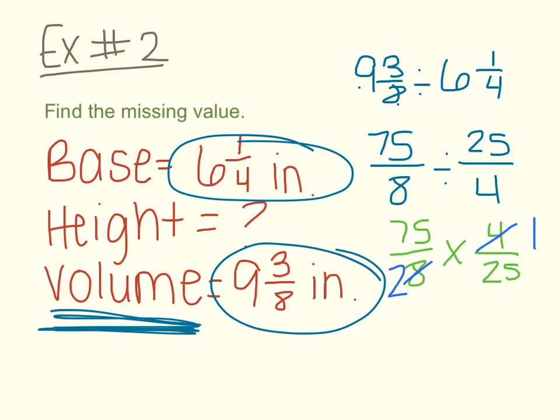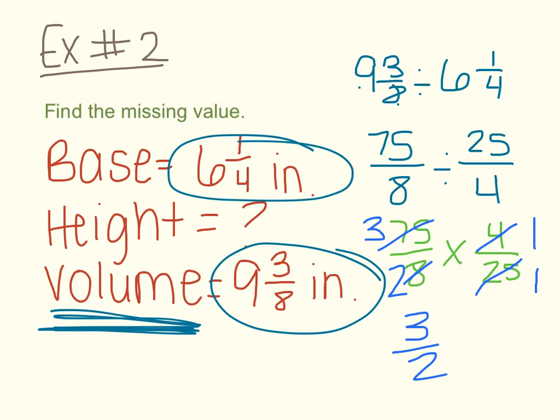On the other side, 75 and 25 can both be divided by 25. 25 divided by 25 is 1, and 75 divided by 25 is 3. So now I have 3/2 times 1/1. Multiplying straight across, 3 times 1 is 3, and 2 times 1 is 2.